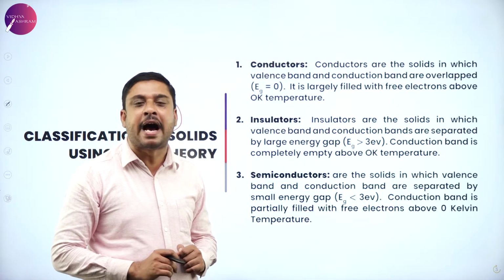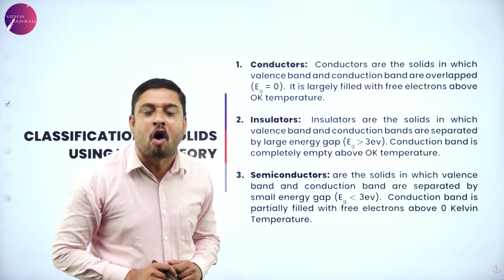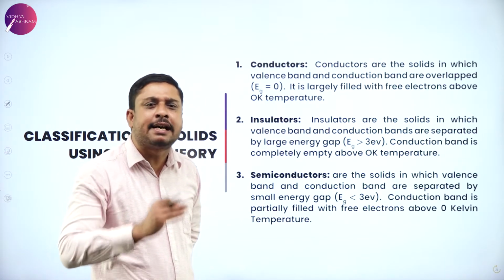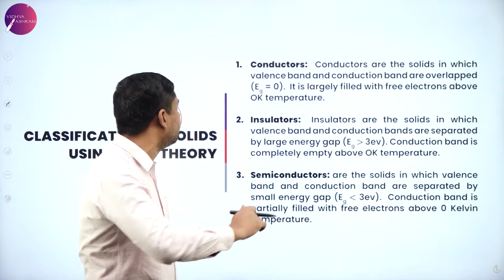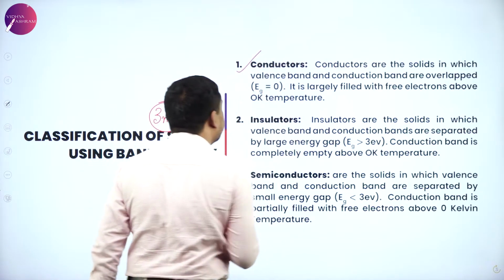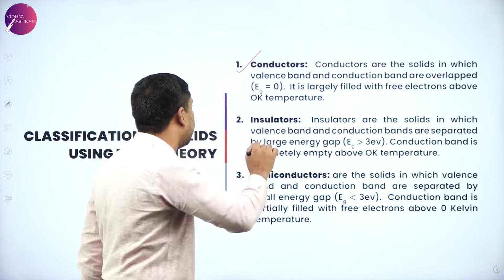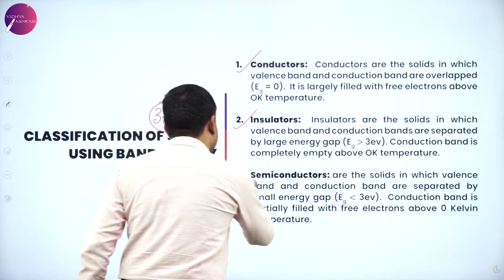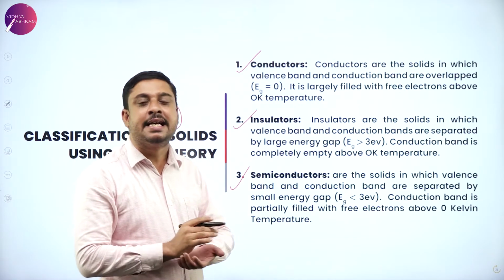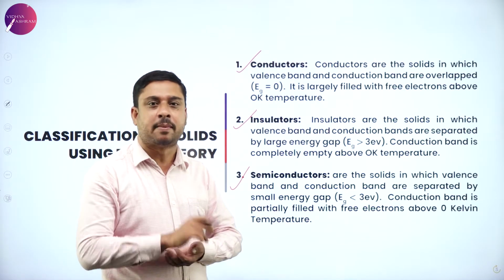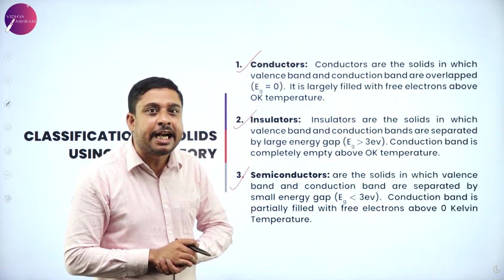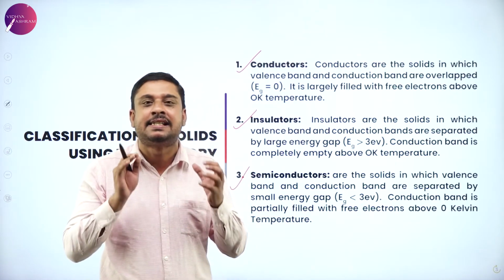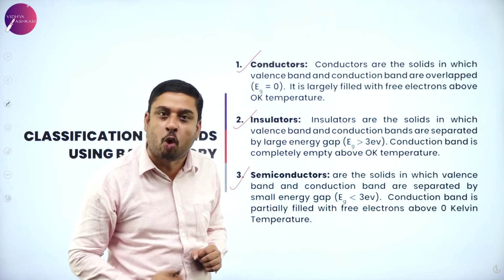So we classify solids based on the band theory. Solids are classified into 3 types: one, conductors; the second one, insulators; the third one, semiconductors. ಮಕ್ಕಳೇ, ಎಲೆಕ್ಟ್ರಿಕ್ ಕರೆಂಟ್ ಪಾಠದಲ್ಲೂ ನೀವು ಮೆಟಲ್ಸ್, ಇನ್ಸುಲೇಟರ್ಸ್, ಸೆಮಿಕಂಡಕ್ಟರ್ಸ್ ಬಗ್ಗೆ ಓದಿದ್ರಿ.